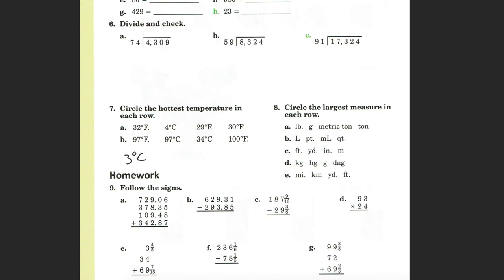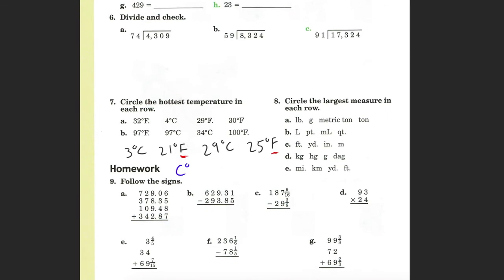Let's say this was my temperature here. Remember, in America, we use Fahrenheit. Fahrenheit is what we mostly use. Do you remember how to change Celsius to Fahrenheit? I went over it really quickly in one of the videos. In order to change Celsius to Fahrenheit, it's really easy.